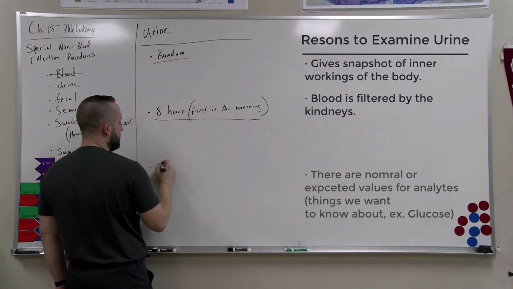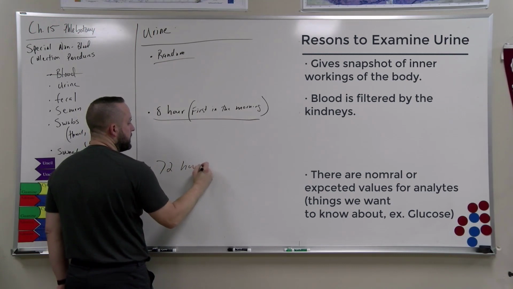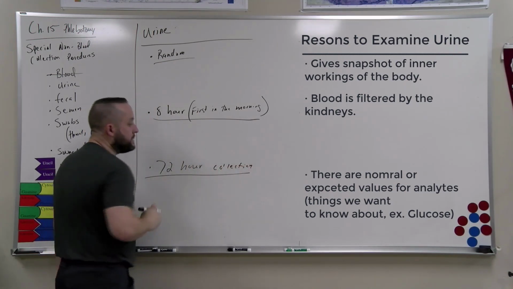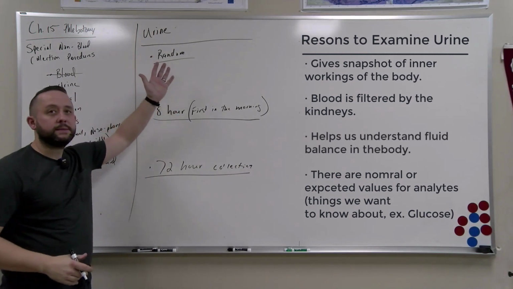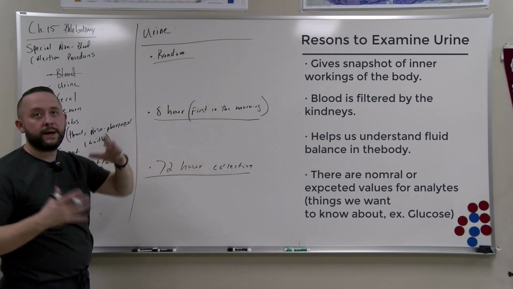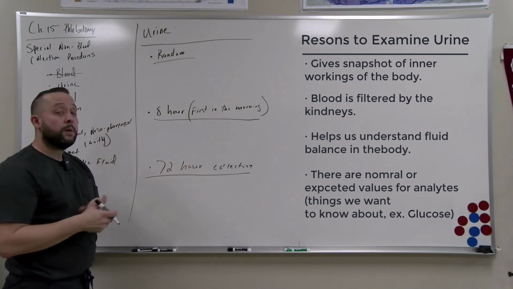Okay, and then the next one would be an extended large volume of urine called a 72-hour collection. And the same test can be done with each one of these methods, but sometimes collecting them at different times like this can provide different results depending on what we're looking for.